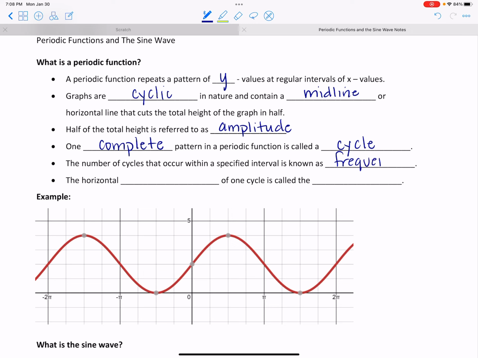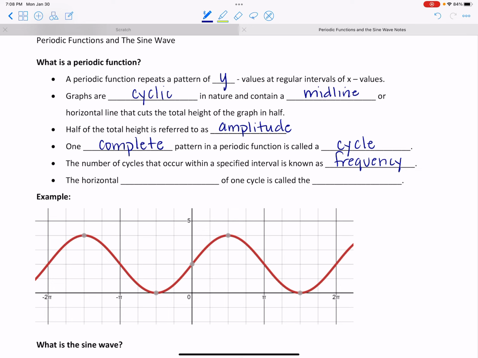And oftentimes when we are looking at intervals of our trig functions, we're going to be looking at an interval from 0 to 2 pi. So we'll often talk about the frequency of our trig functions over that interval. So how many cycles do we see of each of those functions from 0 to 2 pi, which hopefully you're thinking about as our full circle, specifically our unit circle.